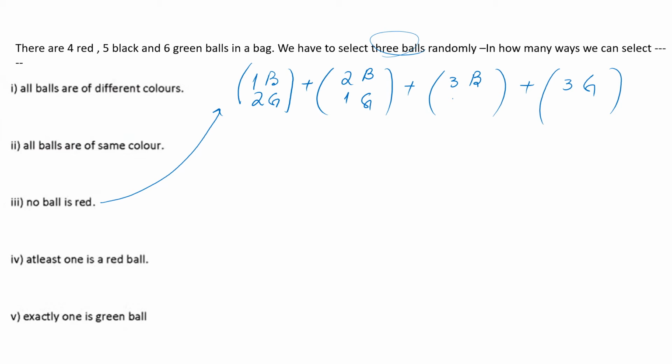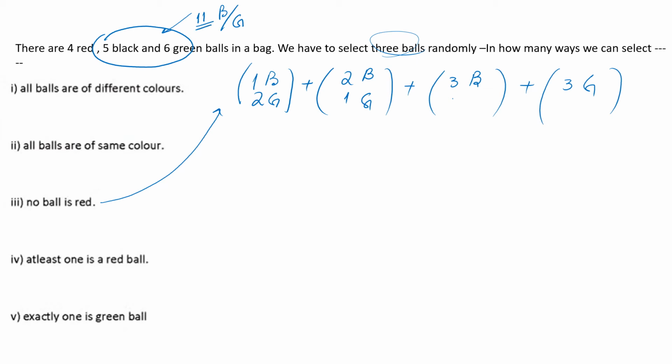Okay, but are they saying which situation you have to select? No, they are saying in general that no ball is red. Whether they are black or green, they are not concerned with each other. So what other balls are there? The remaining balls are 11 balls, right? 11 black or green balls.